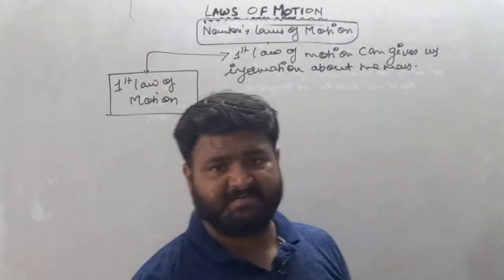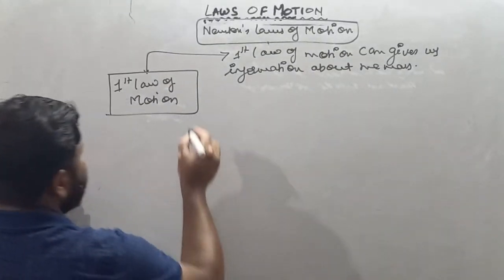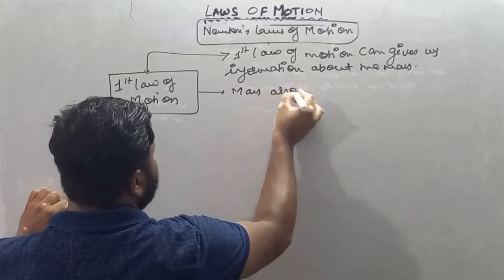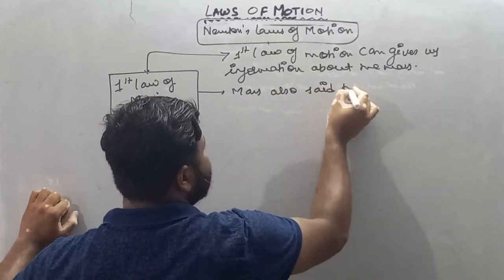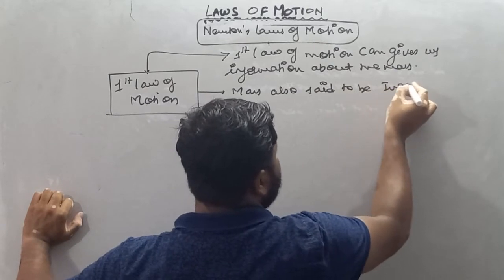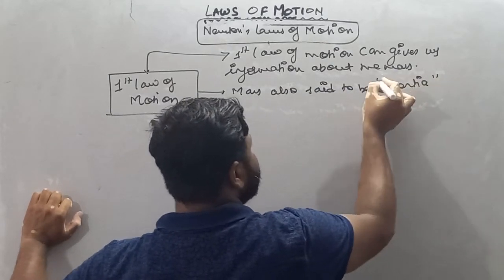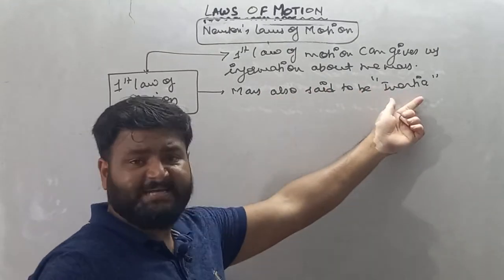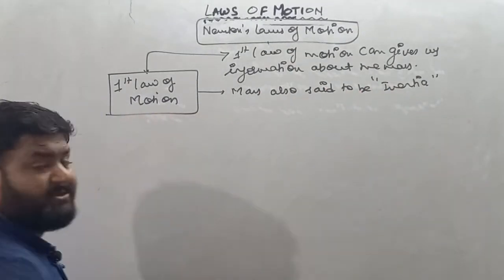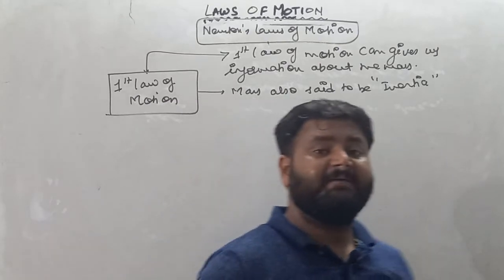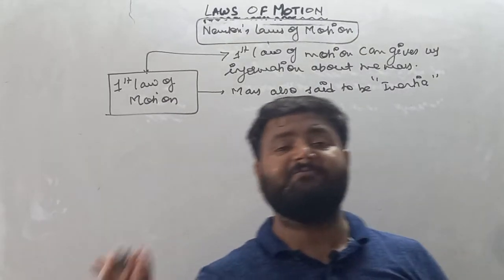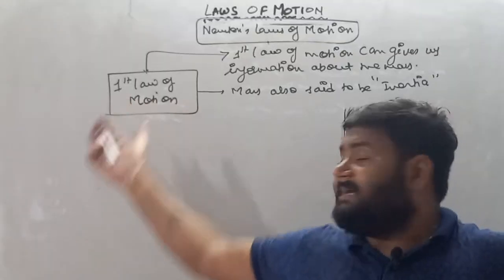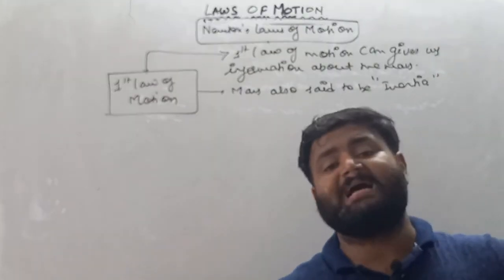What actually mass is. Remember one more thing, my dear student. Mass is also said to be inertia. Instead of mass we can say inertia. So the first law is also called the law of inertia, because with the first law we will study about mass. After considering the first law, we'll know what actually mass is.